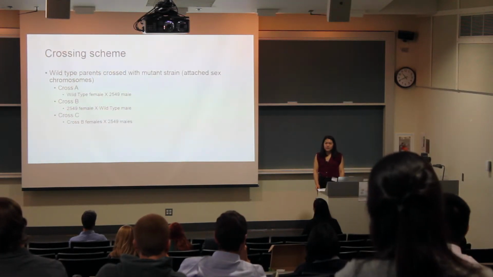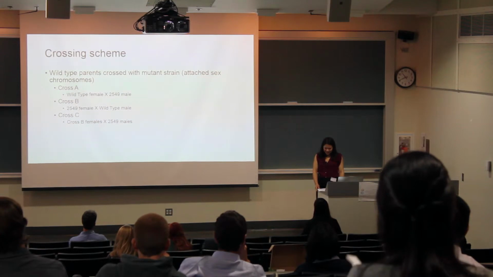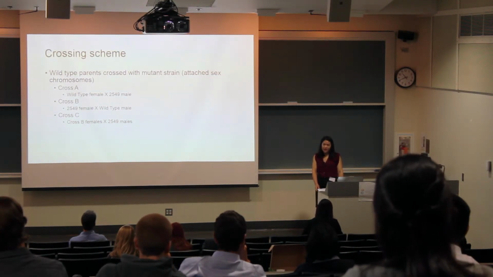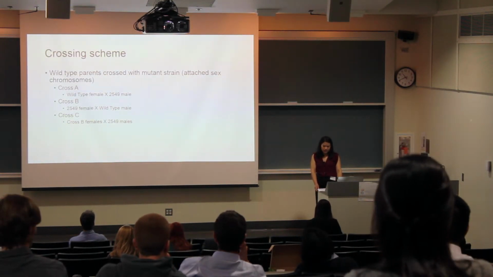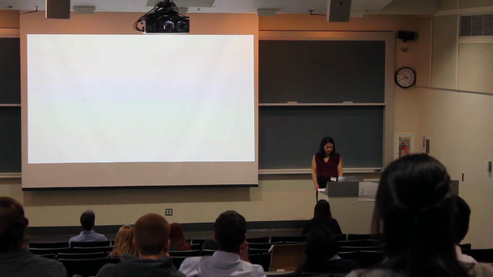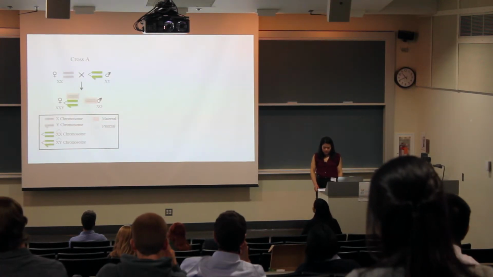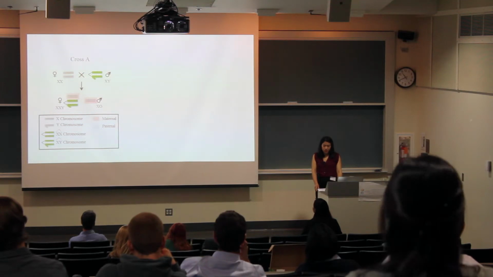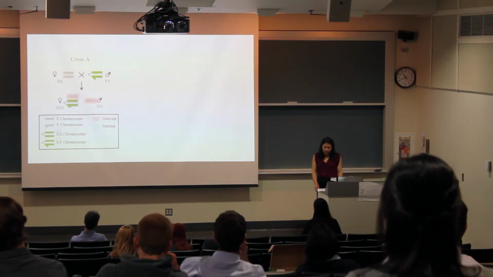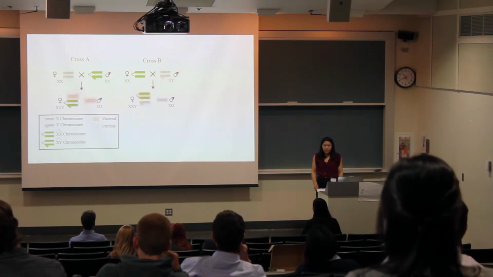There are two crosses to examine the effect of maternally and paternally inherited X chromosomes in males. In cross A, wild-type females were mated with the mutant 2549 strain with attached XY chromosomes, and in cross B, strain 2549 females with attached XX chromosomes were mated with a wild-type male.